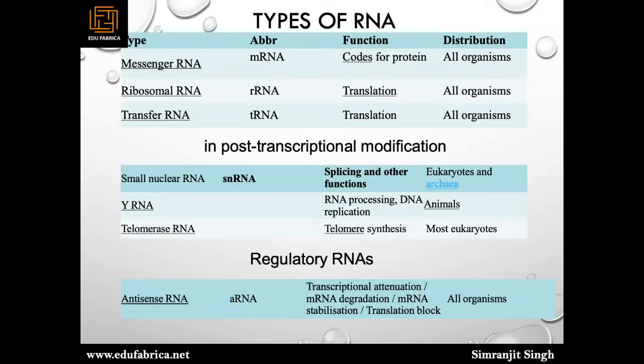For post-transcriptional modification, the snRNA, the small nuclear RNA, is used for splicing and other functions, and it is present in eukaryotes and archaea. There are also exceptional ones, yRNA and telomerase RNA, which are used for RNA processing and telomere synthesis, respectively. And there is regulatory RNA, also a very uncommon one, such as antisense RNA, which is used for translation block and mRNA stabilization and is used in all organisms.